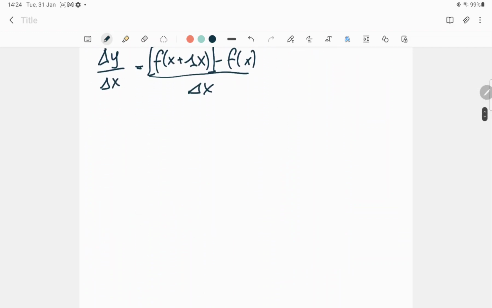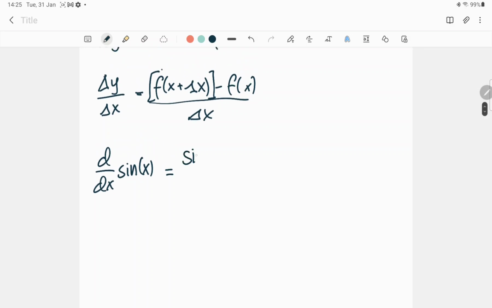So if I want the derivative of sine of x, I can now put sine, which is my f, and we're saying u plus v, which is x plus delta x, and then we get minus sine of u, and all this over my delta x, which is v.